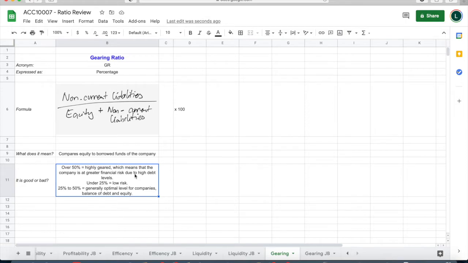Because there's more equity involved there. And then where's our middle ground where we're generally happy? It's between those 2 points of 25 to 50%. So it's our optimal level where there's a good balance of debt and equity. So we probably don't want to be outside those parameters of under 25% and over 50%. There's always a balance in terms of debt and equity which we want within a company.